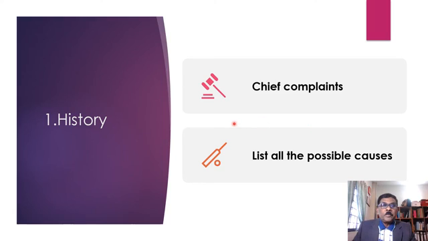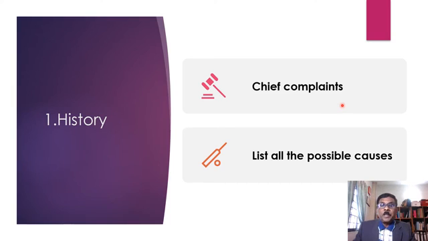Okay, the history. One of the most important components of the history is the chief complaint. The chief complaint is the complaint that brings the patient to the doctor or to the hospital. After the chief complaint, you list down all the possible causes in this patient for his chief complaint.